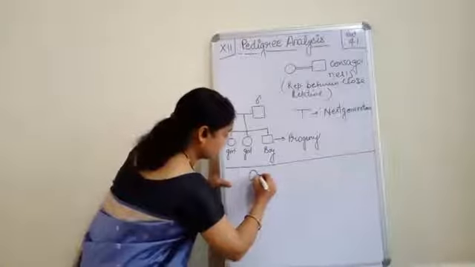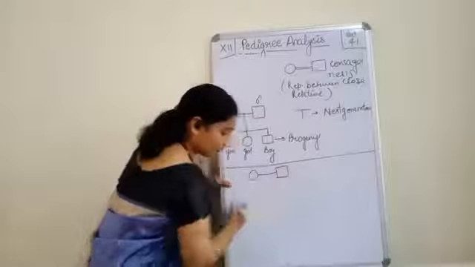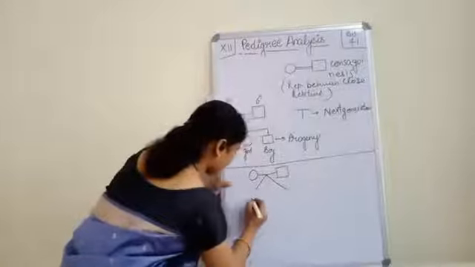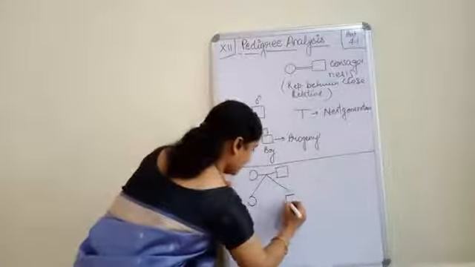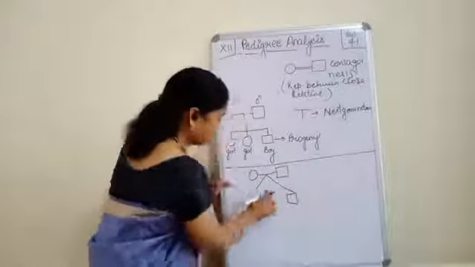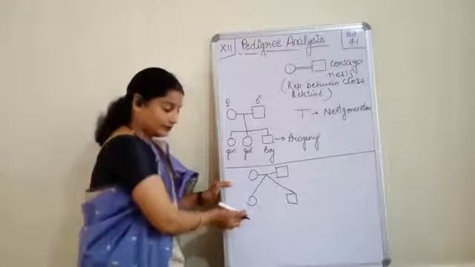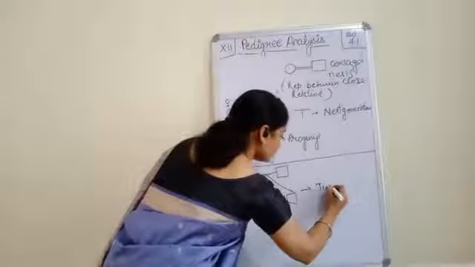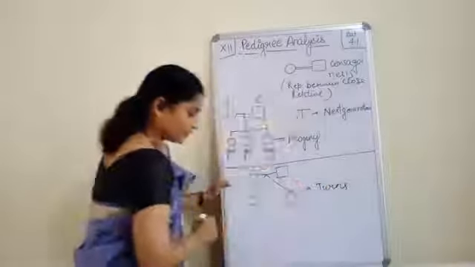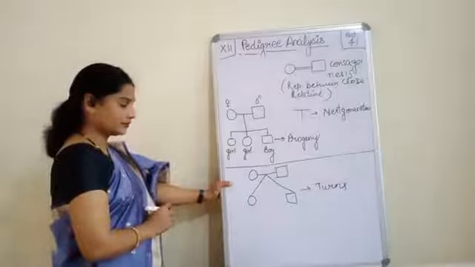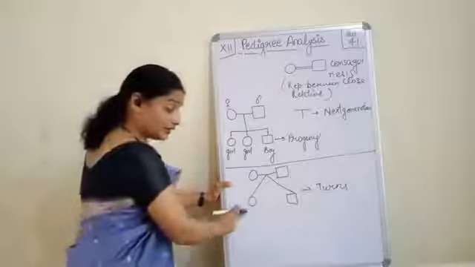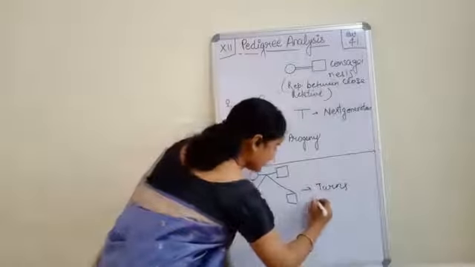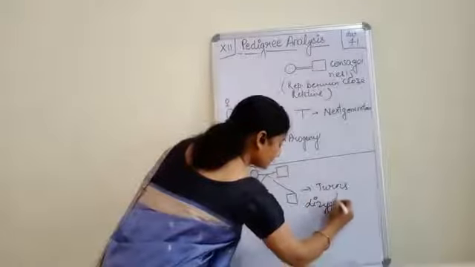Now see next. This circle, this, and now if a diagram is like this, this shows that these are twins, and the twins are non-identical, that is dizygotic.